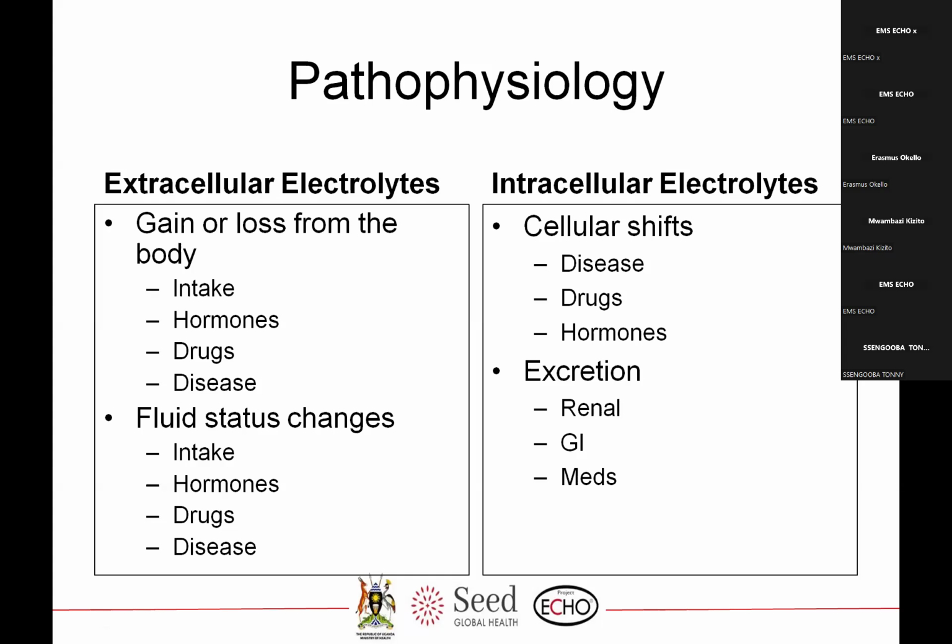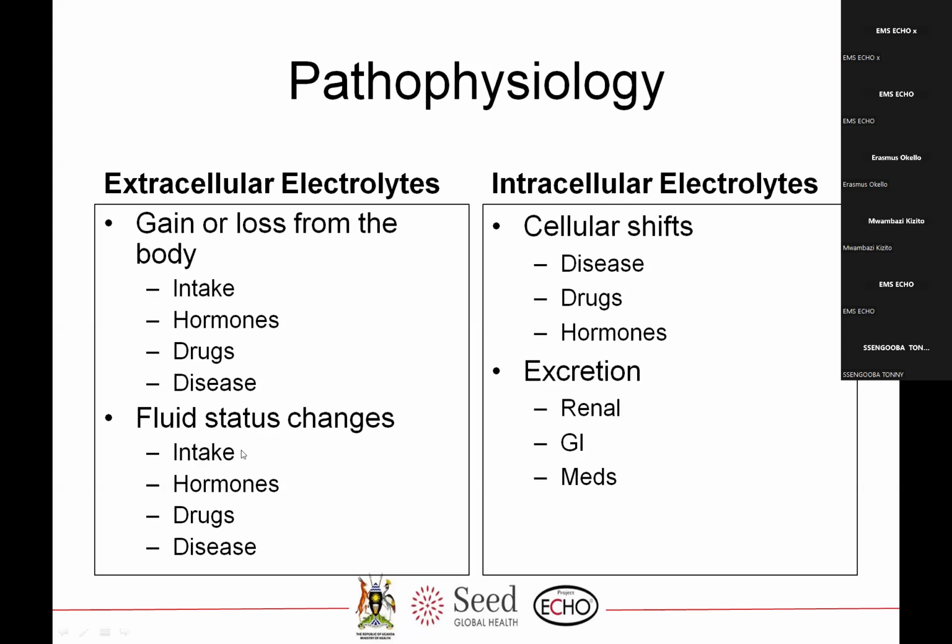For example, if you had heart failure, just by failing to deliver blood to the kidneys, it will trigger the kidneys to start activating the renin-angiotensin aldosterone system, which retains sodium, retains water, and in the end expands the blood volume, causing issues with sodium, among other things.